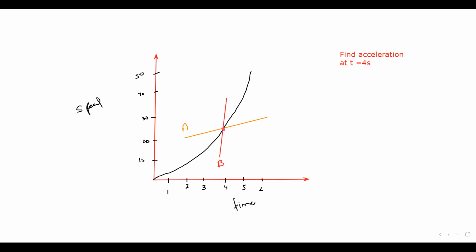Then student C, this is a tangent drawn by student C, and another student D draws the tangent. So which student draws the tangent correctly? A, B, C, or D?